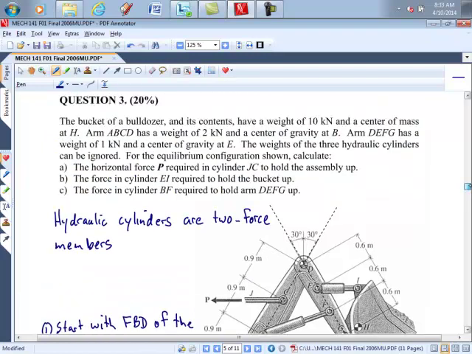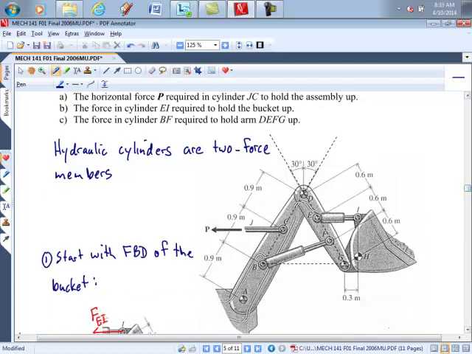All right. So in this question, just to recall, we were looking at the bucket of the bulldozer, trying to figure out the horizontal force required in cylinder JC, the force in cylinder EI, and the force in cylinder BF. And we started with the bucket because it had the least number of forces on it. And we found the pin force at G, and we found EI.